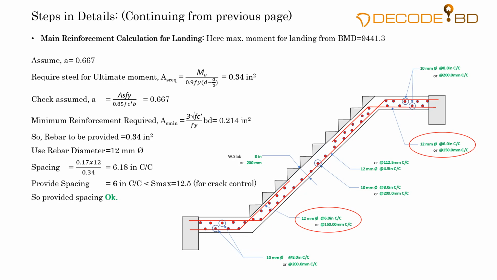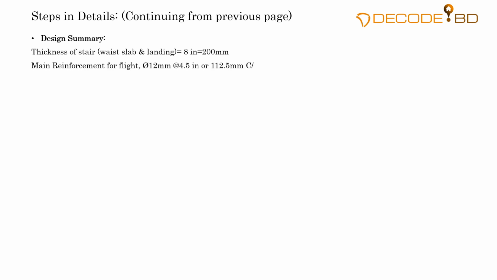Now we can see here the calculated reinforcement in the landing, which will be detailed in a similar way as shown in the figure. Now the design summary. Thickness of the stair waist slab and landing is 8 inch, that means 200 mm. Main reinforcement for flight: diameter 12 mm at 4.5 inch or 112.5 mm center to center.